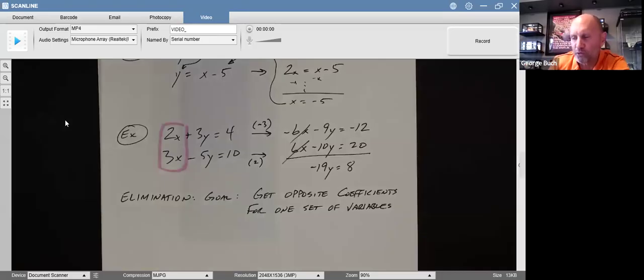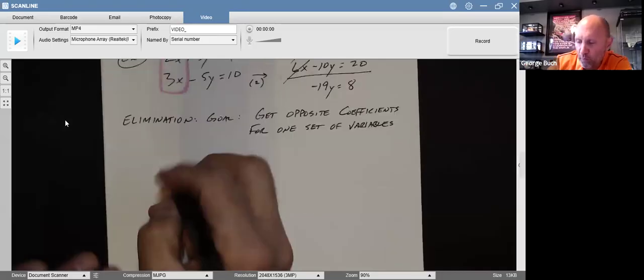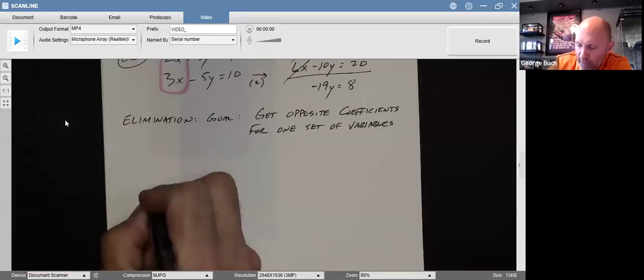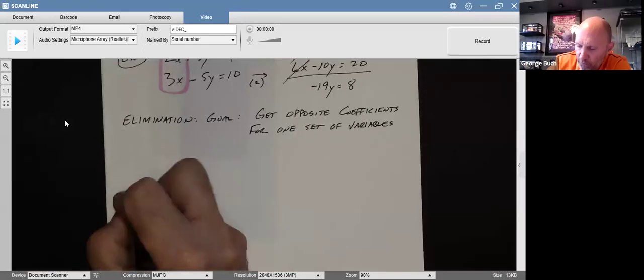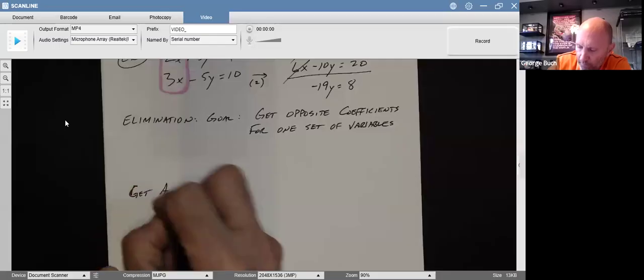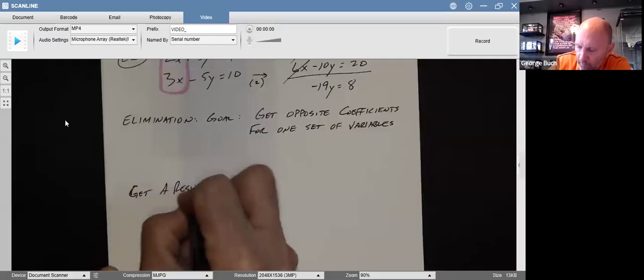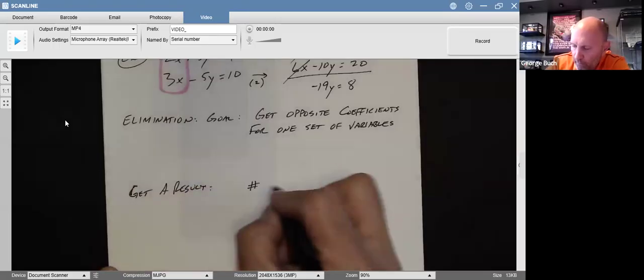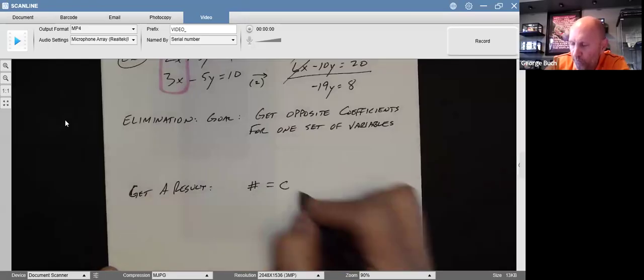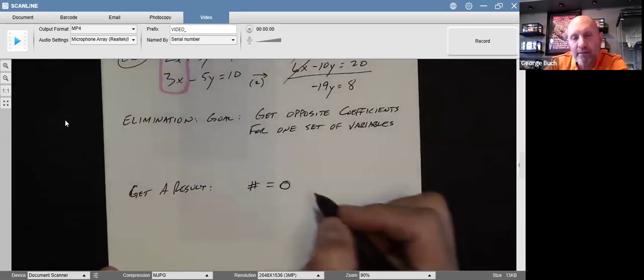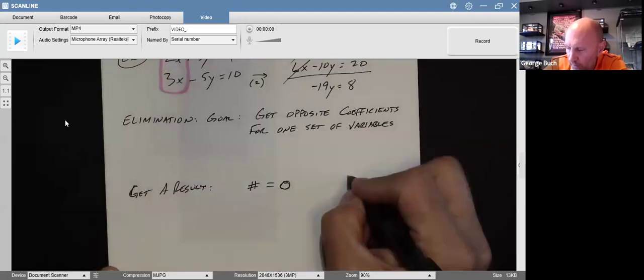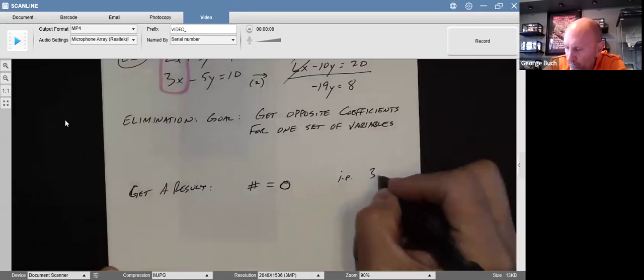Now, we have two special cases for this. When we do substitution or elimination, if we get a result with a number on one side is equal to 0, so let's say I did substitution and I solved it.